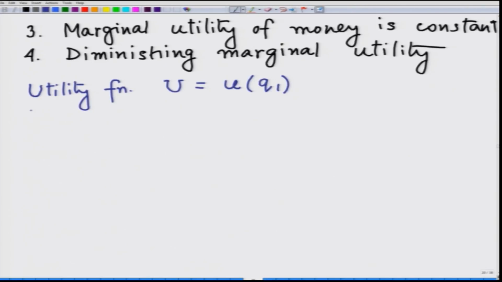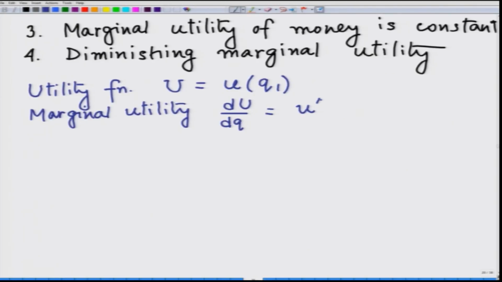So, marginal utility will be defined as u prime, and as it is diminishing, it means that u double prime is negative. So, these are the assumptions that are required.